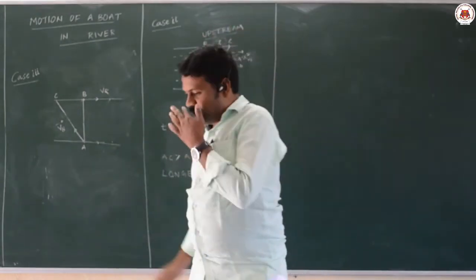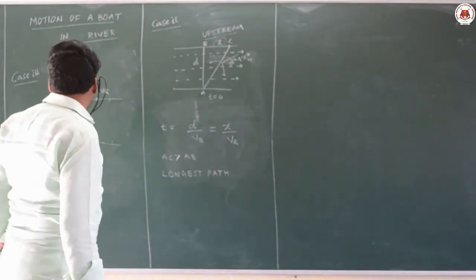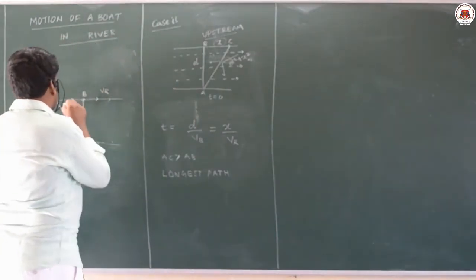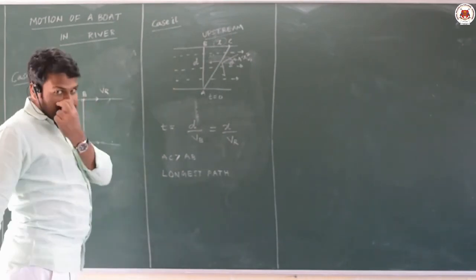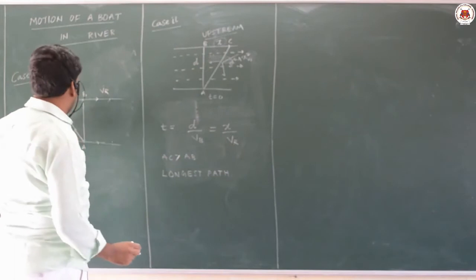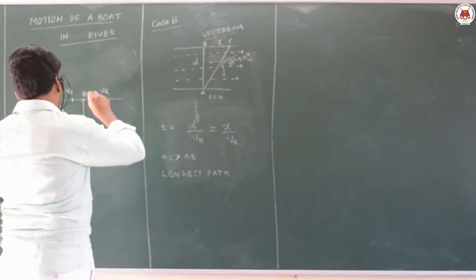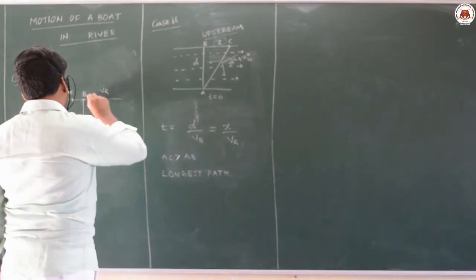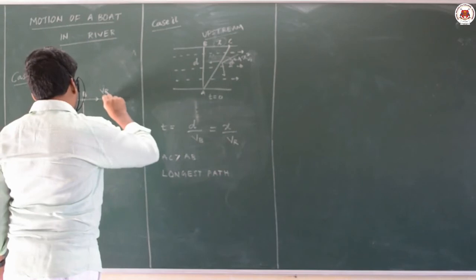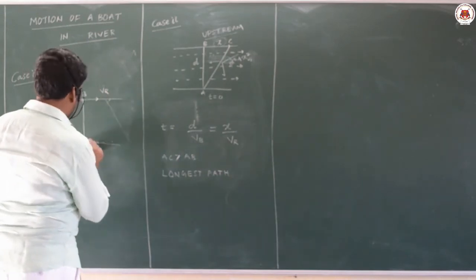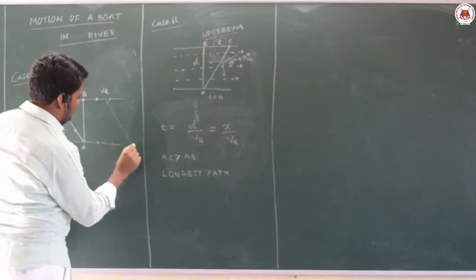So now you can observe here, this is the velocity of boat. This is the velocity of river. Now directly by using Pythagoras theorem you can find it. Otherwise, again you have to construct one parallelogram like this, where VR is this.